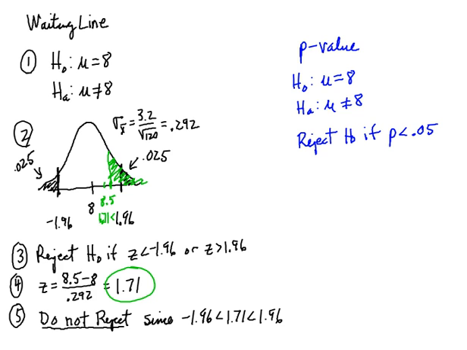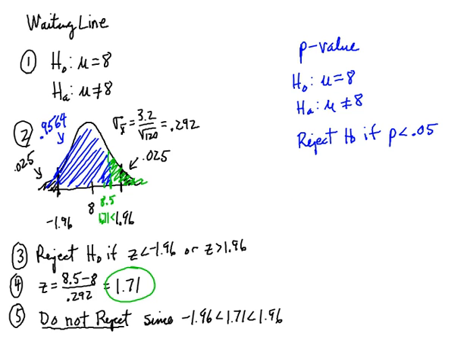So I'm going to look up the 1.71 in the table, keeping in mind that the table reads to the left of whatever z-value you're looking up. And that value in the table is going to be 0.9564.